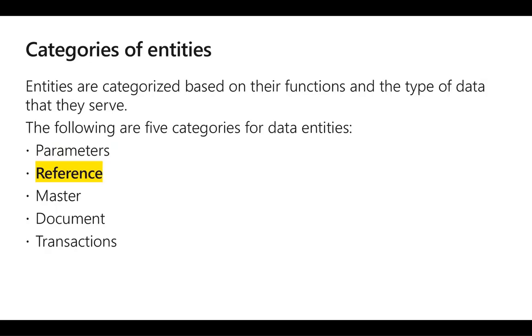Reference data entities include simple reference data of small quantity that is required to operate a business process. Data that is specific to an industry or business process. Examples include units, dimensions, and tax codes.